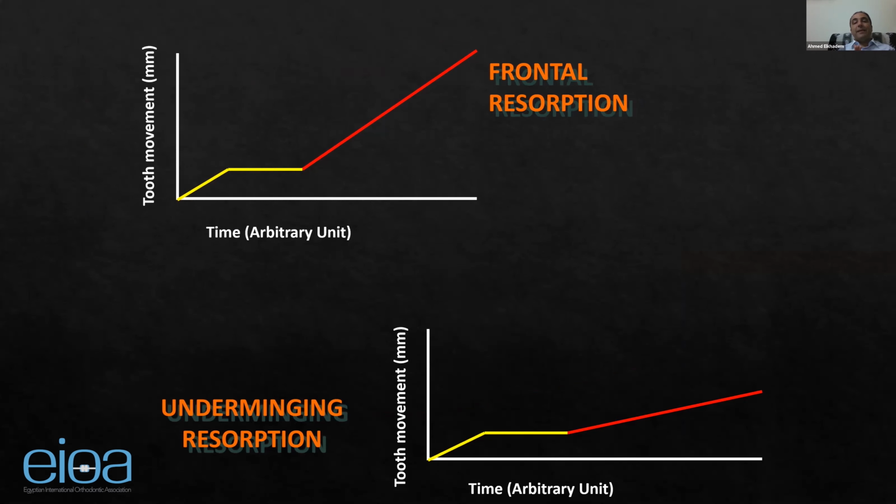It is a little bit difficult. In many situations, you get a bit of both, a bit of frontal resorption and a bit of undermining resorption, depending on the amount of force that you apply on the teeth. The lighter you are, the more frontal resorption and less undermining resorption you can expect. On the contrary, if you apply very high forces, you get more undermining resorption and less frontal resorption.